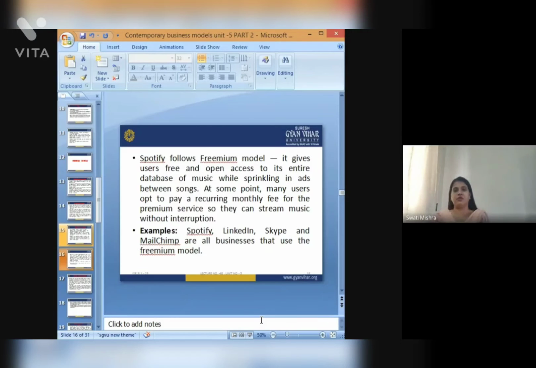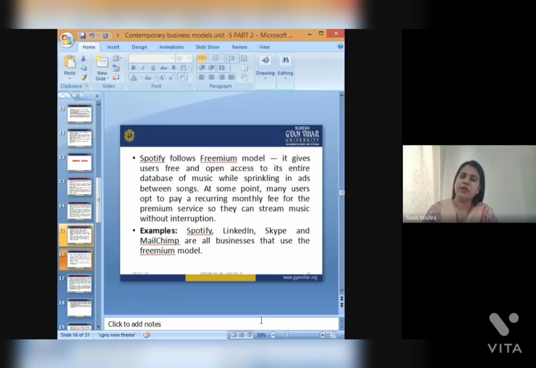Say you are sitting with your friends in your balcony enjoying your time, listening to songs, and suddenly an ad comes. What do you want? You want to pay the subscription fee so that you can get an uninterrupted playlist of songs.